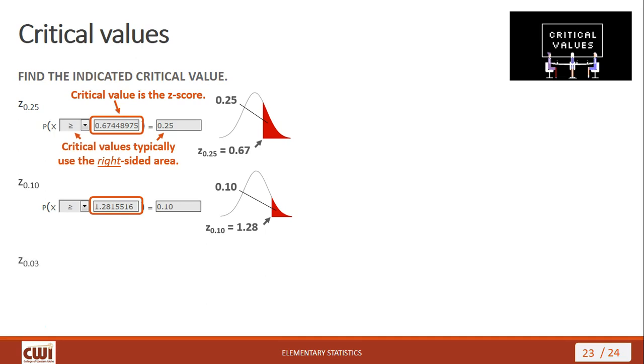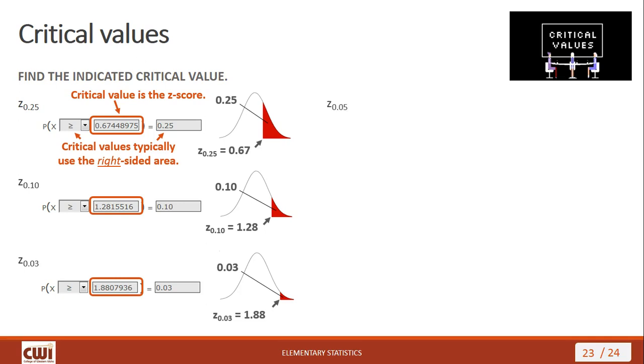How about z sub 0.03? That's going to give us a z-score of 1.88. Again, notice a z-score bounding that area on the left. We want the area to the right, and that's going to be the 0.03 that we put in.